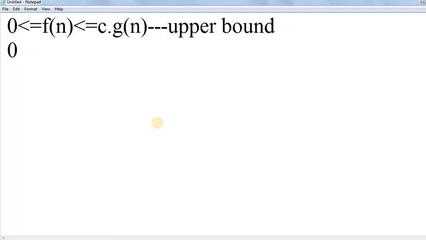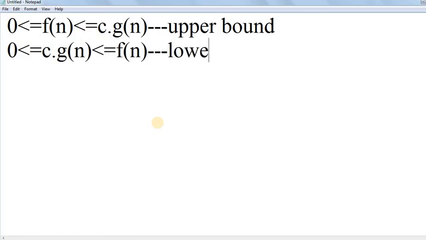If I say 0 less than or equal to C g of n less than or equal to f of n, this will be lower bound.